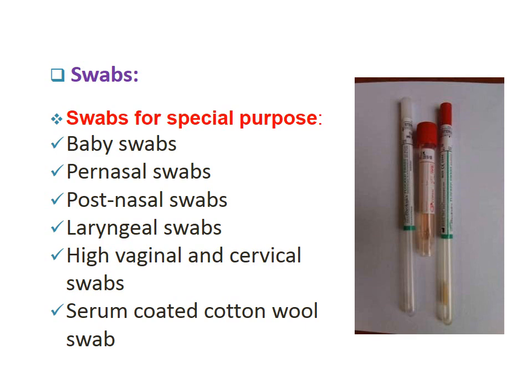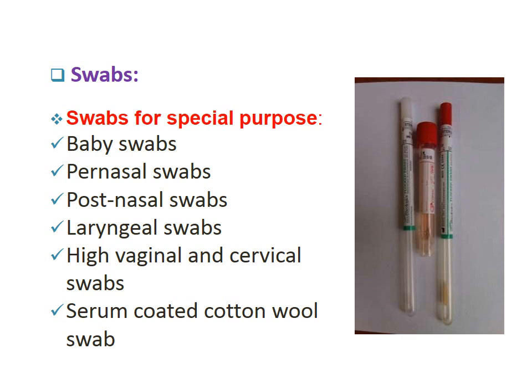I think you have seen swabs in your antimicrobial sensitivity testing itself. Here I have listed some of the swabs used for special purposes. The first one is baby swabs, and another one is pernasal swabs, then post-nasal swabs, laryngeal swabs, high vaginal and cervical swabs, and finally serum-coated cotton wool swab.